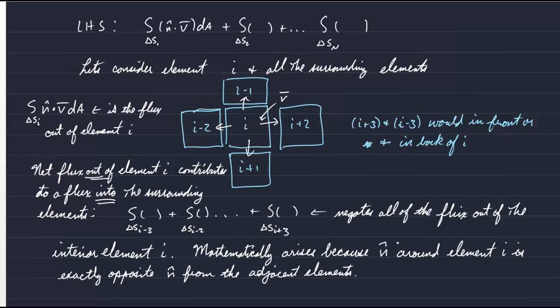So when you add n hat dot V dA for all the elements, those that occur on this boundary cancel each other out. So we've shown why, when we take element I as an interior element and sum the contributions of the fluxes for it as well as all the elements around it, the contribution of element I cancels out to 0.